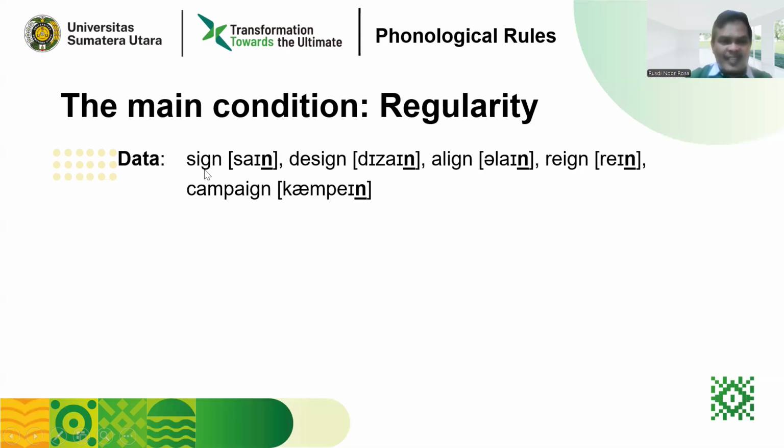Because G here is usually removed in the pronunciation or in the phonetic transcription of the word. So G in sign is no longer pronounced. Instead of saying sagen, we only pronounce sign. So the G sound is deleted.